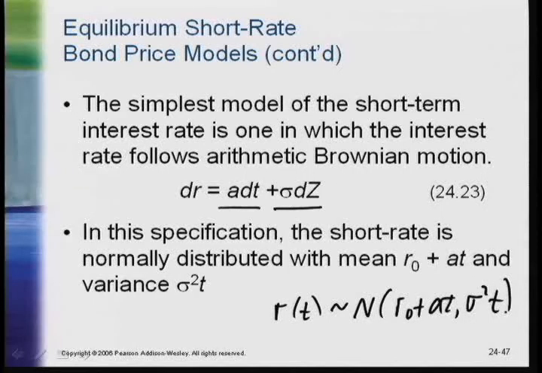One might think that as we go through time, with an increasing variance of interest rates, inevitably they'll be negative with significant probability, and this may not be a practical model.